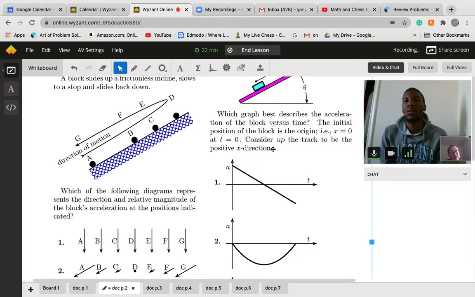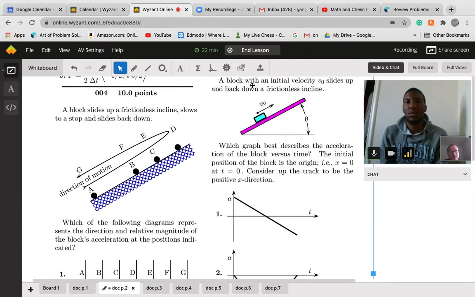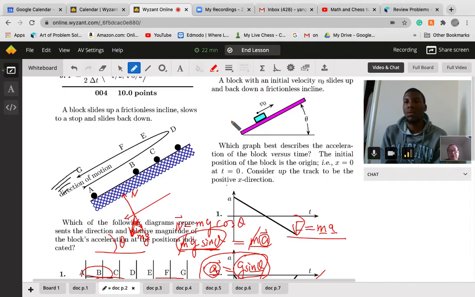So that means the direction of gravity, the acceleration, will be negative, because if you consider this direction positive, then this direction will be negative. Our acceleration is along this direction and equals g times sin theta, right?